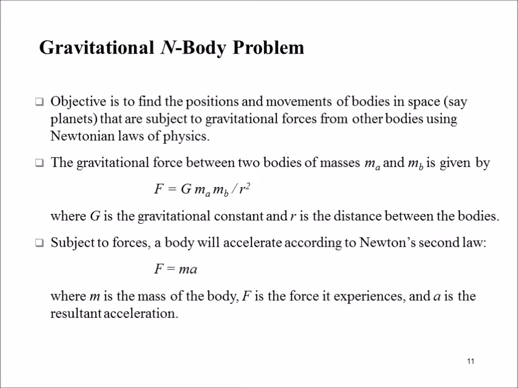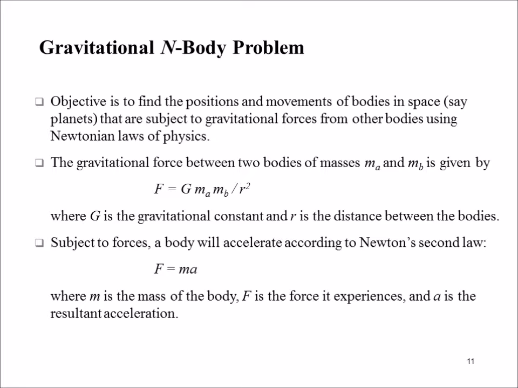So we're trying to find the positions and movements of bodies in space, like planets and satellites and so on, and we are calculating it based on the gravitational forces using the formula F equals G m_a m_b divided by r squared, which tells you the gravitational force between two bodies, m_a and m_b. G, of course, is the gravitational constant, and r is the distance between the two bodies.